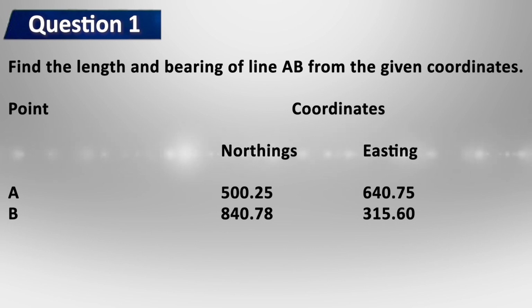The point A coordinates are 500.25 and 640.75, whereas the coordinates of B are 840.78 and 315.60. If the values are positive, that means they are in the northeast quadrant, and we have to find the length and bearing of the line AB.